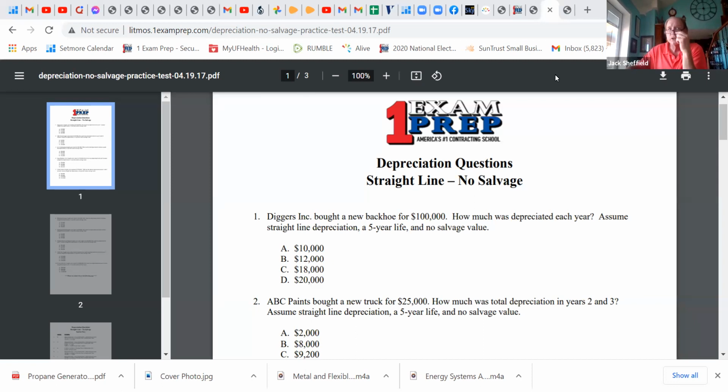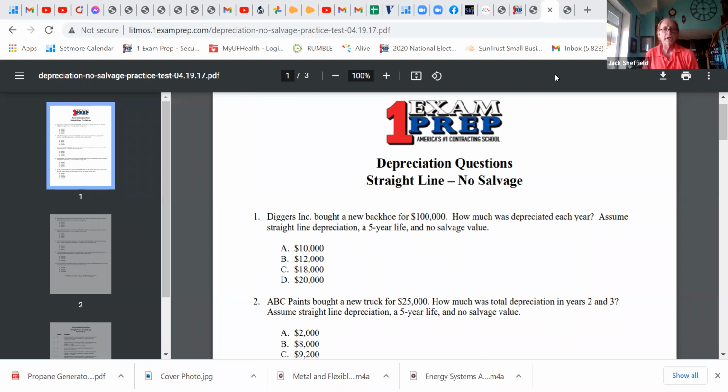So you're going to take what you paid for it, 8,000, and subtract what you're going to get for it, because you can't depreciate that since you're going to get that back. So it's 8,000 minus 1,000. You get 7,000. Okay, now you can depreciate the 7,000 over the 10 years. So the depreciable total of 7,000 would be depreciated at a rate of 700 per year.